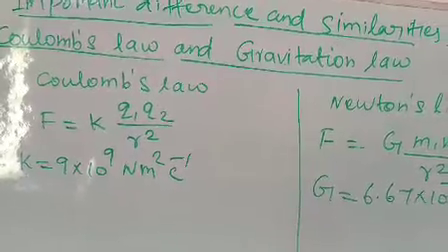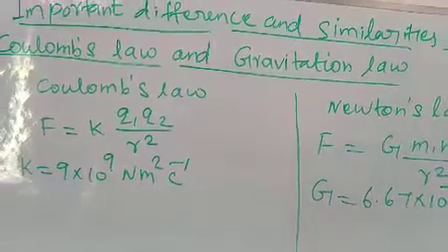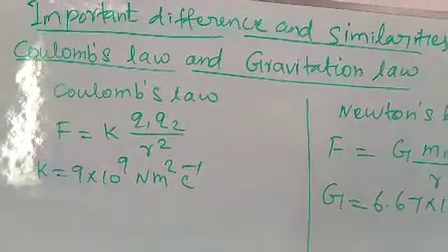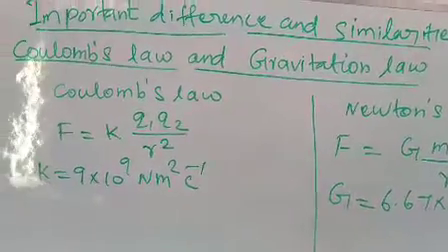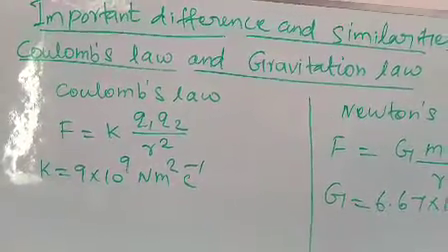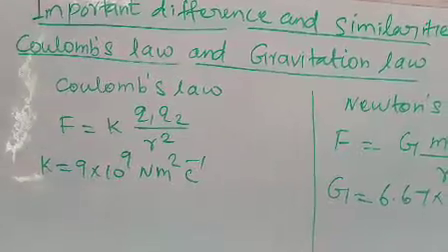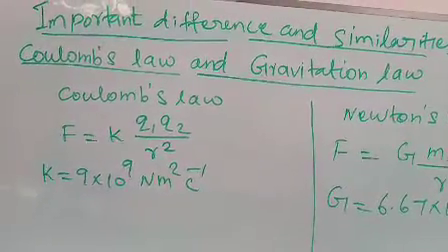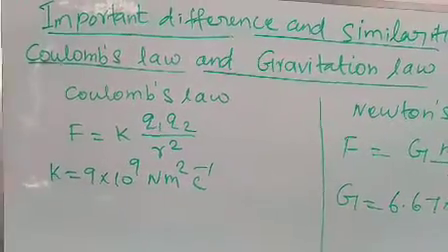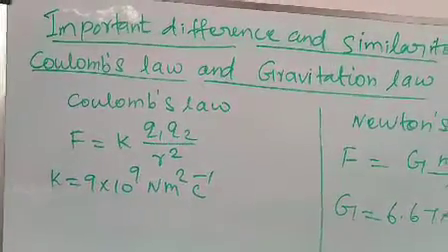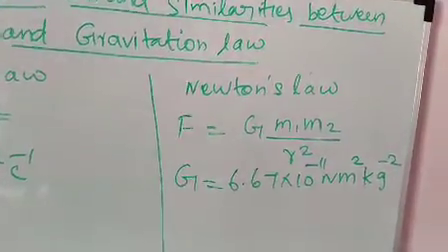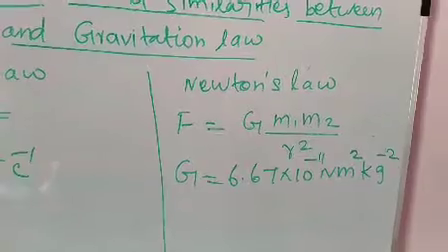For example, if two charges are separated in air or vacuum, it has some value. If the same two charges are separated with water present in between, the force value differs. So the K value differs in different media, but the gravitational force does not differ, it is the same value.